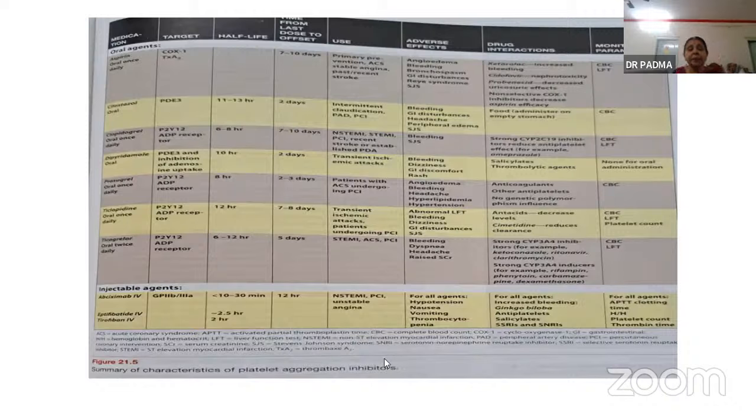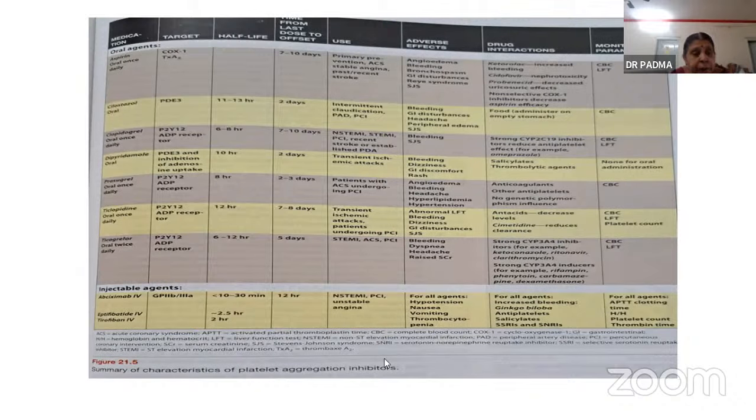These are the antiplatelet agents we are using today, day in and day out. Amongst them, as I have been repeatedly telling, the platelet aggregation inhibitors are the most important ones, which are most often given orally, apart from the last two, which are injectable.